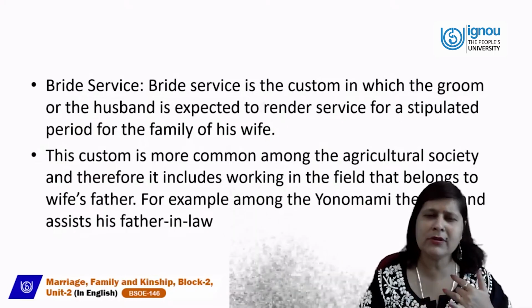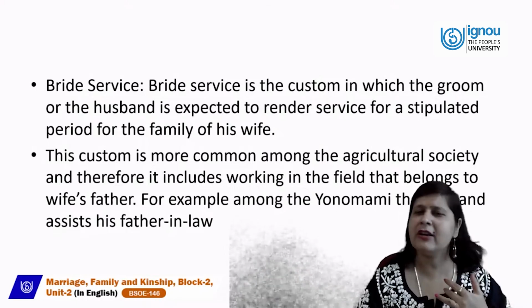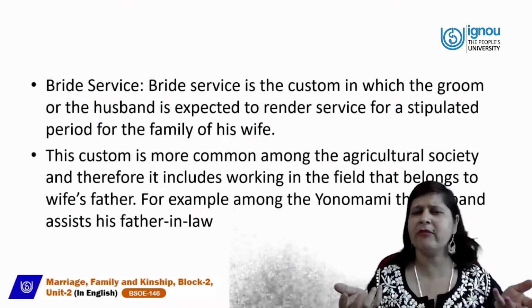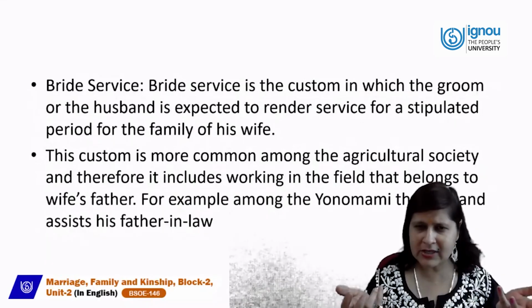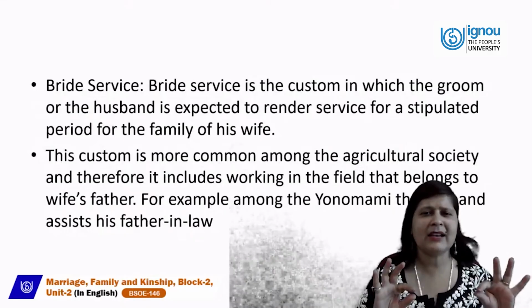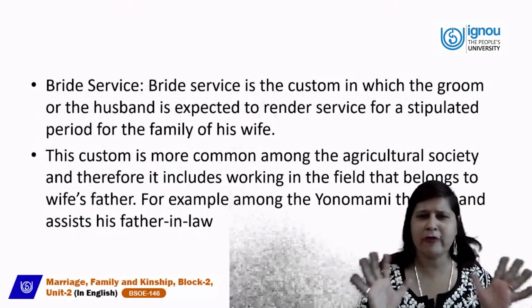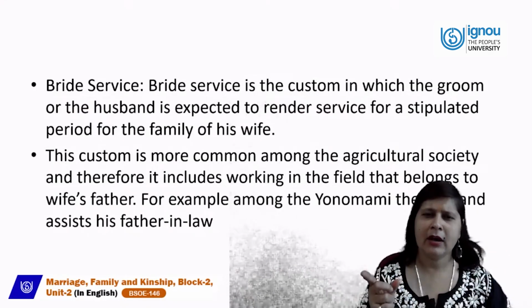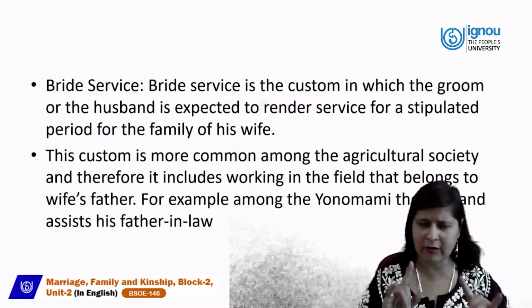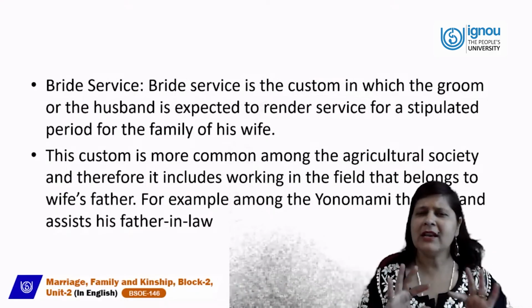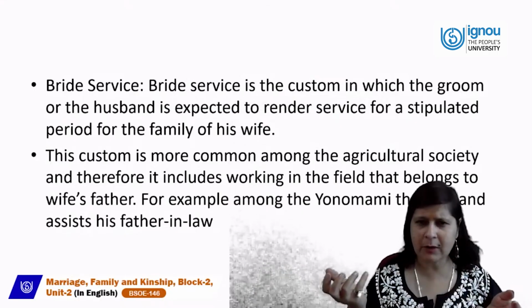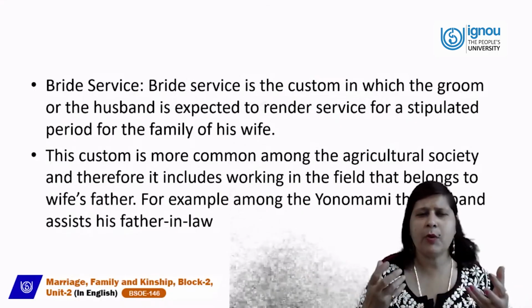Then there are rules on the basis of the number of partners one can have. Monogamy is the most prevalent form in the majority of societies. In monogamy, one male can have one wife, and one wife can have one husband only. Second is polygamy, when one can have more than one spouse or partner.